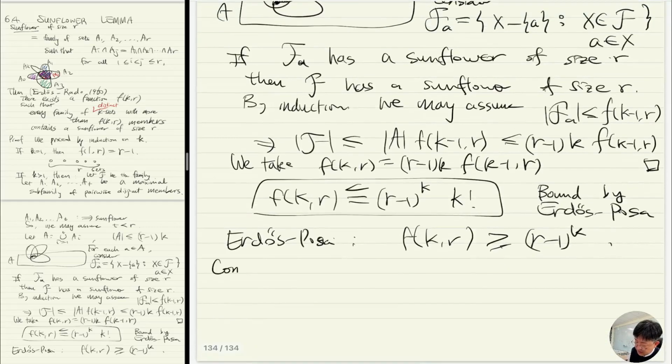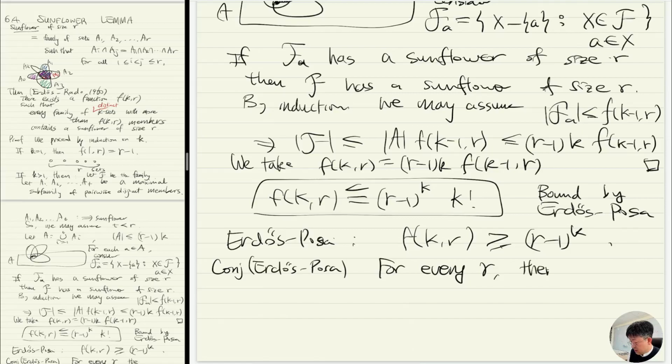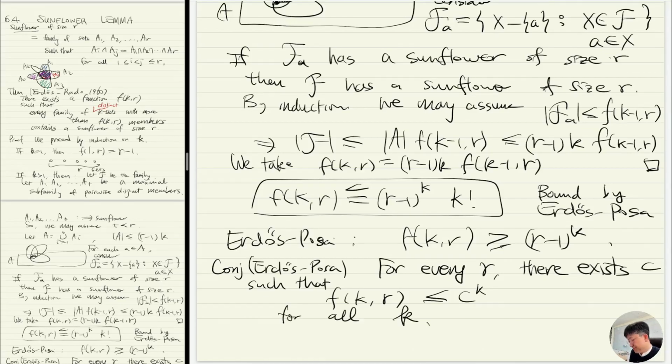Now here's the conjecture by Erdős and Posa. The conjecture is that for every r, there exists C such that f(k, r) is at most C to the k for all k.